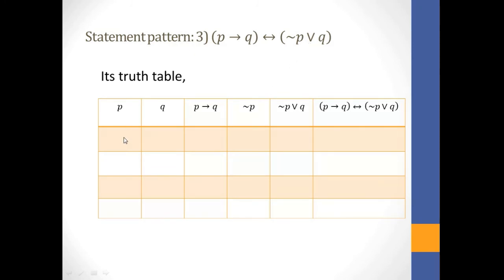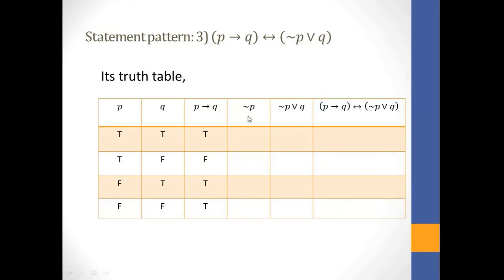Now see the table: P as usual, Q as usual, T, T, F, F, T, F, T, F. Now as per the requirement, the third column is P implies Q. So T implies T, see here T. T implies F is always F. Then F implies T is T. And last one, F implies F is T. So this column is completed.